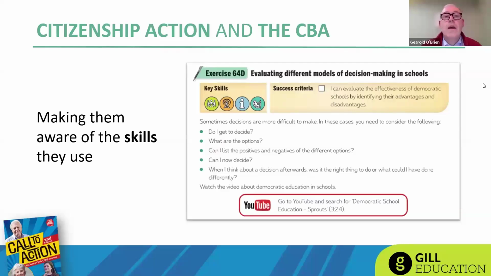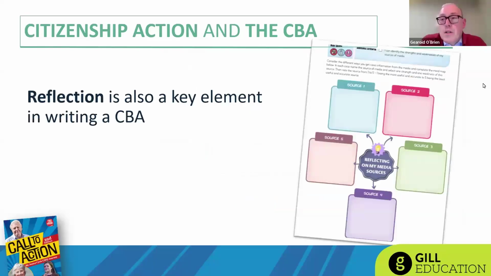The second area that was always problematic in the old junior cert course, and it becomes the same when they have to identify them in the CBA when they write up their record, is that skills is one of the weak areas that they often can't identify, and the other is reflection. The easier thing to do is to keep an emphasis on that throughout the whole course in CSP rather than just when you're doing the CBA.